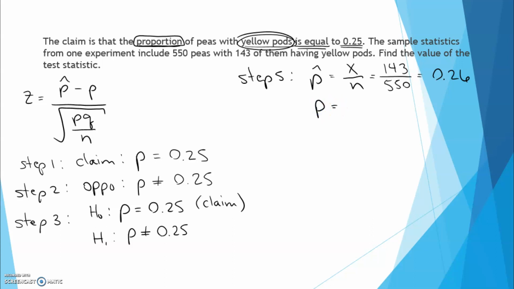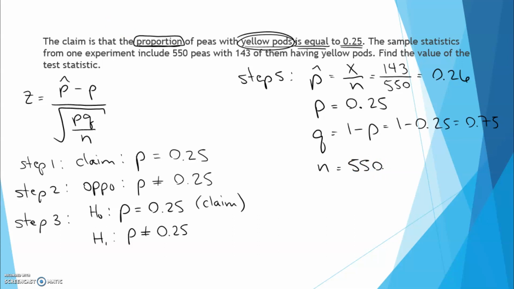Okay, P, we have it right here, is equal to 0.25. To find Q, that is 1 minus P. So 1 minus 0.25, or the same thing as 0.75. And our N is 550.